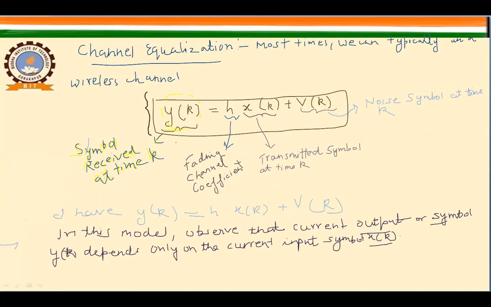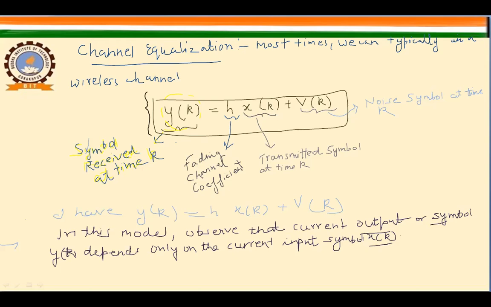The output y of k, the symbol received at time k, is equal to the channel fading coefficient h multiplied by the transmitted symbol x of k at time k, plus v of k, the noise symbol at time k.